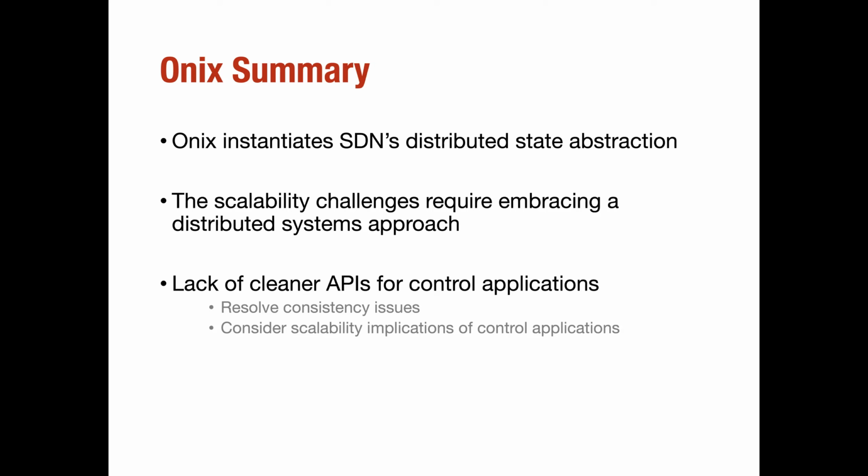It is trying to do a lot of things, but at the same time, it is still requiring the control programs to be a bit heavily involved in the process. So as we were looking at how it is handling the consistency issues, control programs are responsible for that, and they're not completely detached from what's really going on in the network. That's a fundamentally challenging thing to do in the first place.